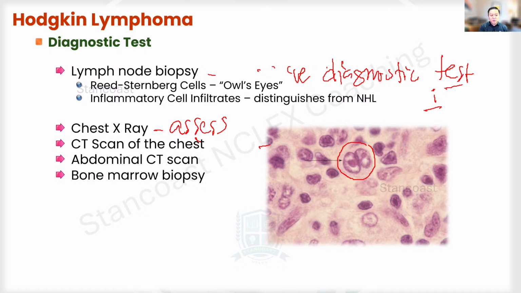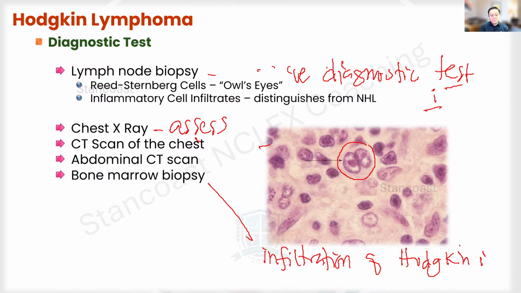It will show infiltration of Hodgkin cells in the bone marrow. And this is going to show us that maybe the disease has already been more advanced.